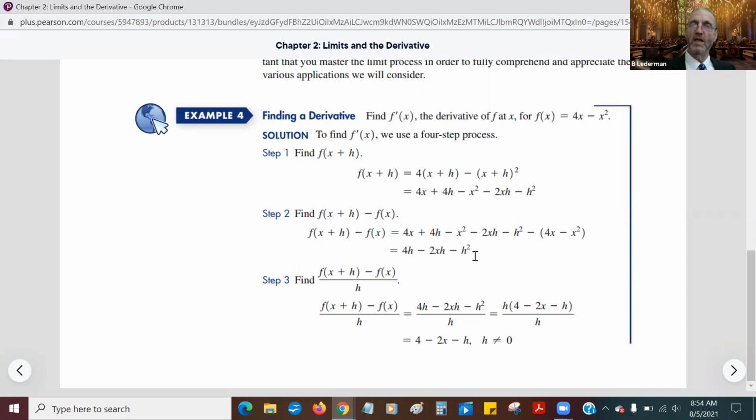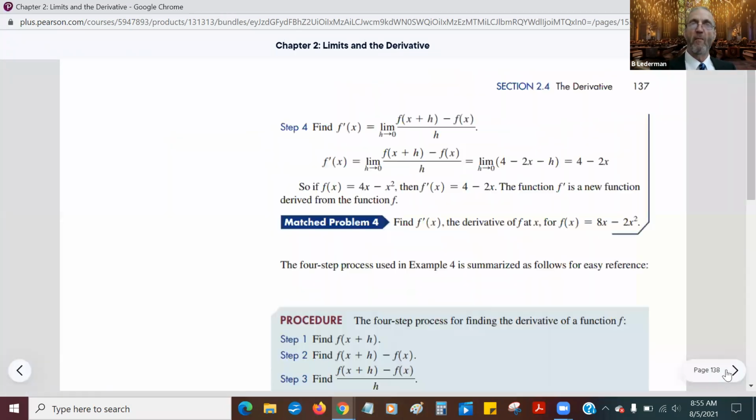Each term has an h in it, so I can factor out the h. Then I divide by h and it disappears. Now I'm left with 4 minus 2x minus h. But since h is going down to 0, it just disappears. My final answer is 4 minus 2x, which is step 4. So f prime of x is equal to 4 minus 2x.